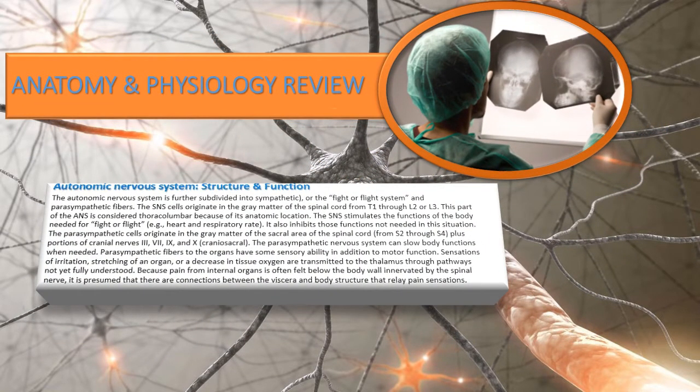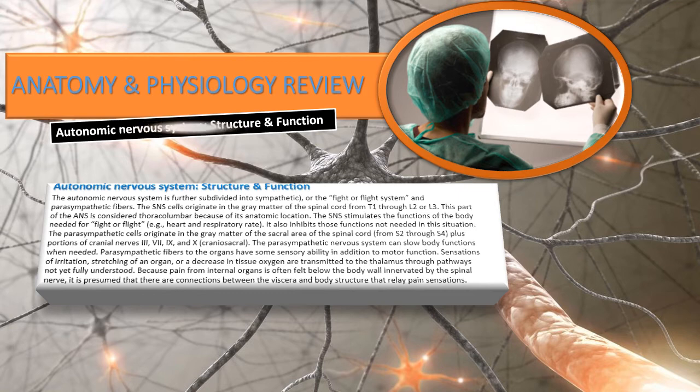Let's now quickly review the autonomic nervous system. We know that the autonomic nervous system is further subdivided into the sympathetic nervous system, fight or flight, and the parasympathetic nervous system. We know that the sympathetic nervous system stimulates functions of the body needed for fight or flight, for example heart and respiratory rate, and it also inhibits those functions that are not needed.